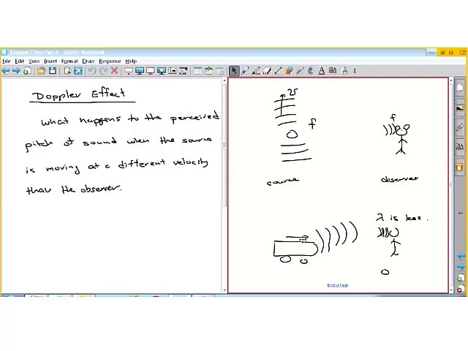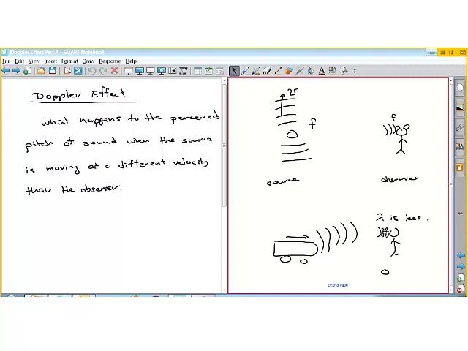Now, the person moving with the source hears the same sound as up here. If it's 400 hertz here, they'd hear 400 hertz because they're moving at the same speed. But the person that's on land sees these waves come at them at a smaller wavelength, lambda being the wavelength, than the source is emitting.